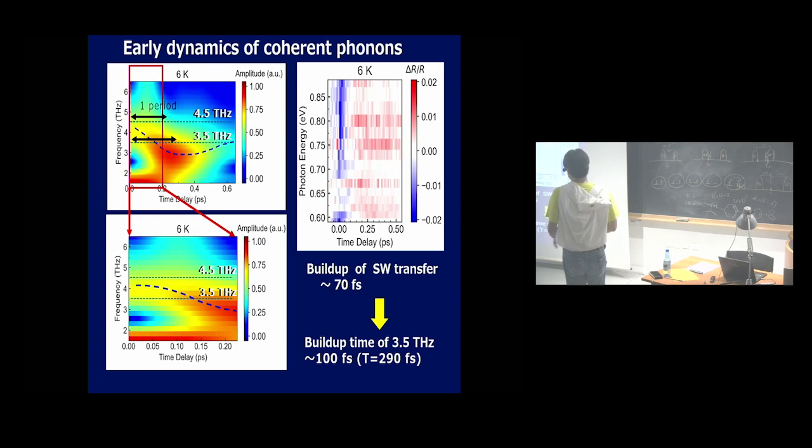The time scale is almost equal to the build-up of this 3.5 terahertz mode. So we strongly suggest a relation between them. We can say the build-up of the spectral weight transfer is driven by the low frequency coherent phonon with the frequency of 3.5 terahertz, or the build-up of the coherent phonon is driven by the spectral weight transfer.